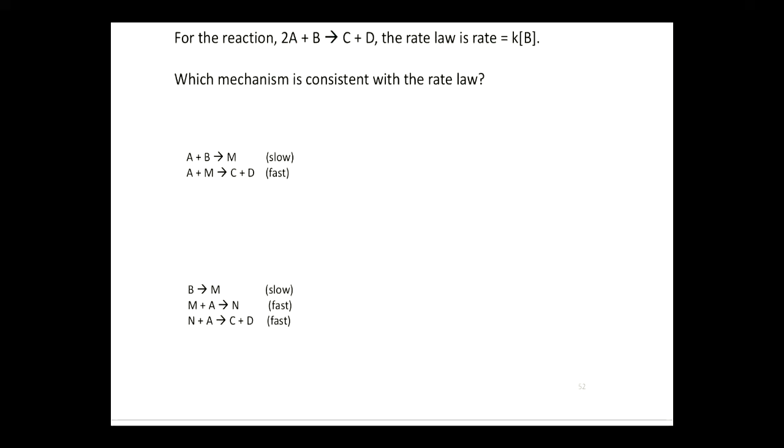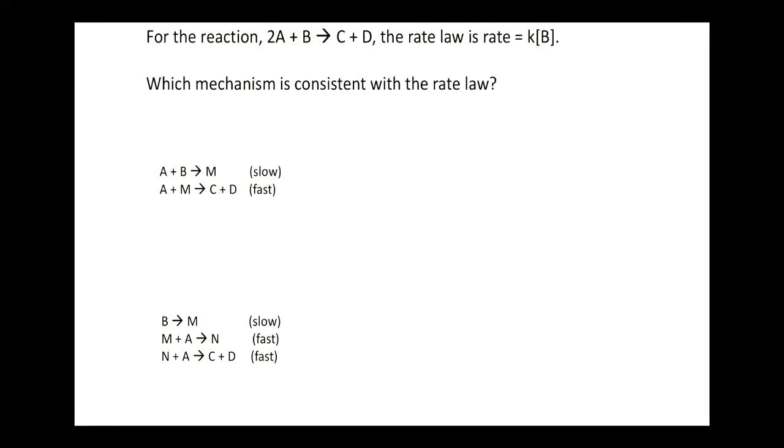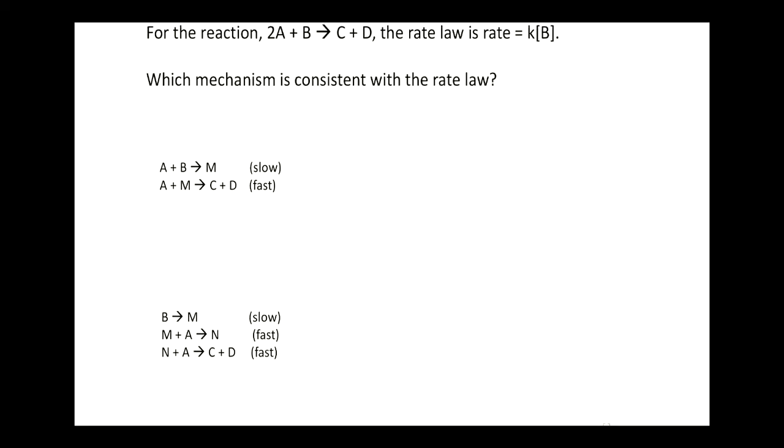Okay. So let's put it together. Remember, mechanisms have to match the rate laws that we got previously in this chapter, right? We talked about the other two ways to get rate laws, the method of initial rates or integrated rate laws. So let's pretend we have this reaction, 2A plus B, but I tell you that the rate law is the rate constant K times B concentration. So this reaction is first order with respect to B. Like we did with the method of initial rates, and that's what we got, all right?